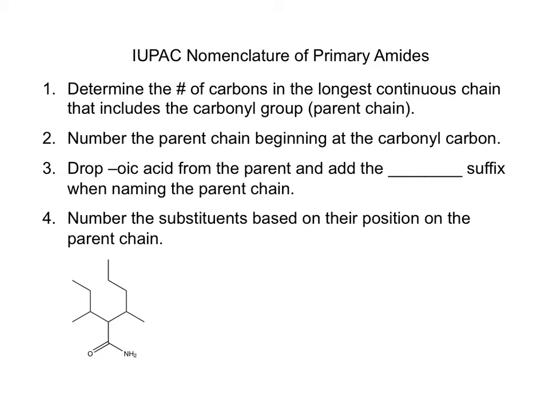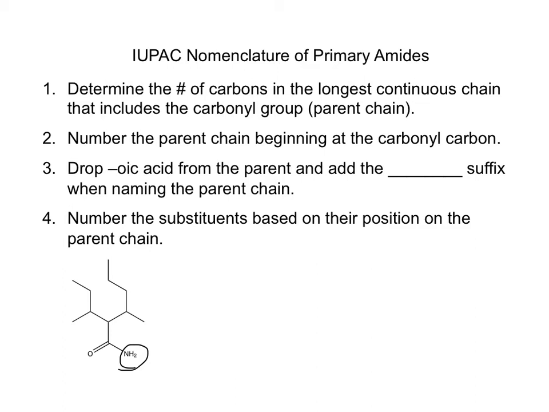We're going to treat amides in 2 groups. First we'll do primary amides, which are where the amine part of it is just an NH2. And then on a separate slide we'll talk about what to do if there are alkyl groups on that nitrogen, so if it's substituted. We'll start at the carbonyl, and we'll find the longest chain, and we're going to name it as a base of a carboxylic acid.